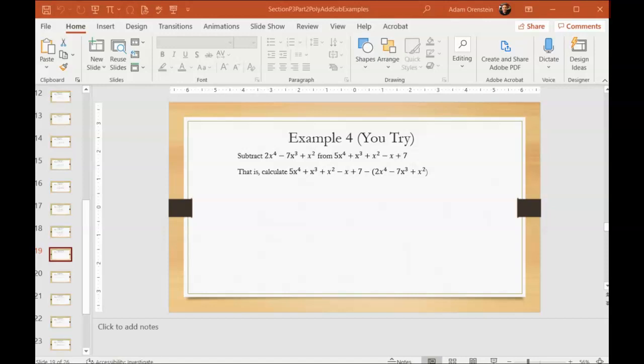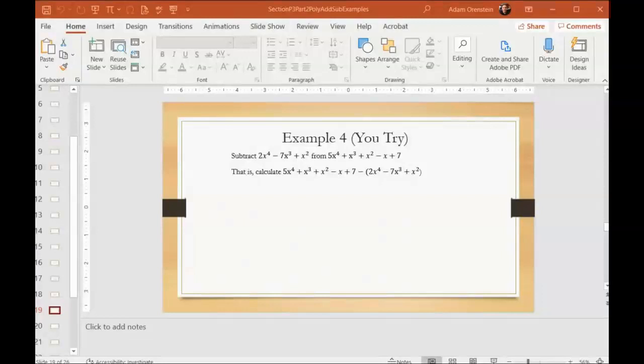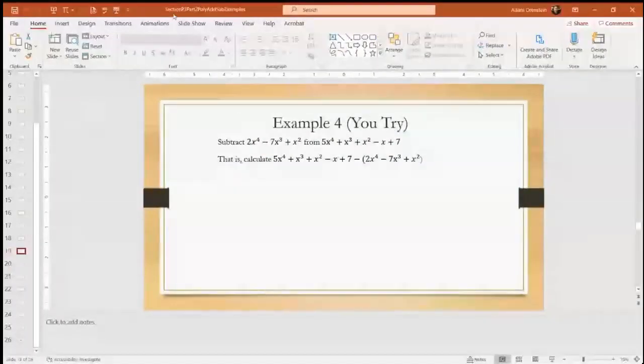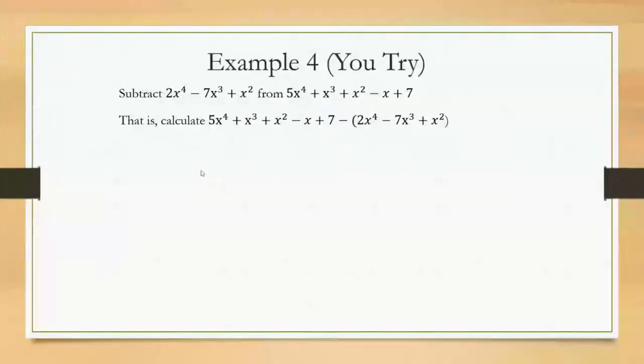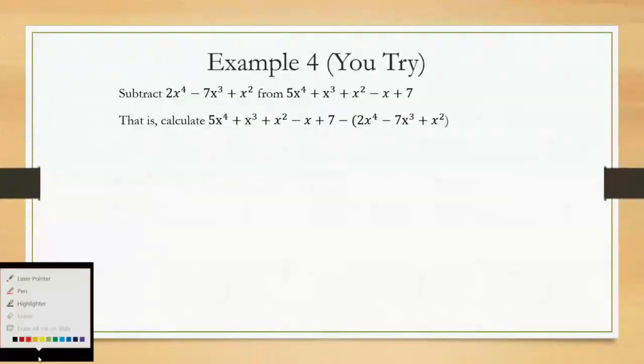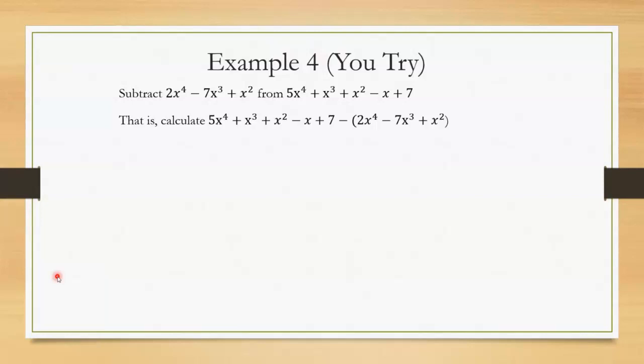Okay, so I'm going to stop. Okay, so we're going to subtract here, right? So again, we have one polynomial and we're subtracting one from the other. And again, we don't have a choice about which polynomial is on top.